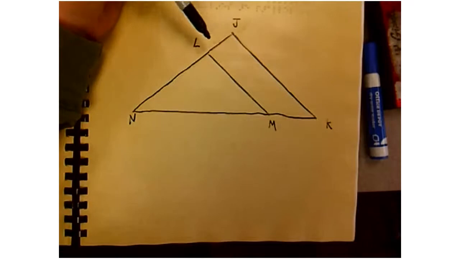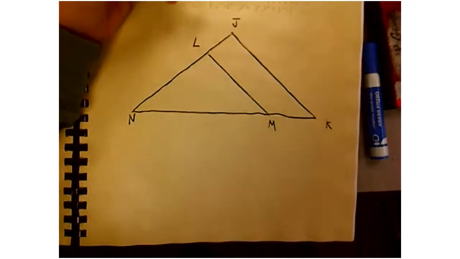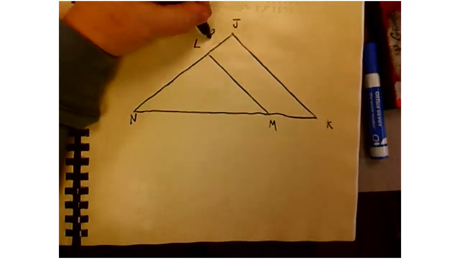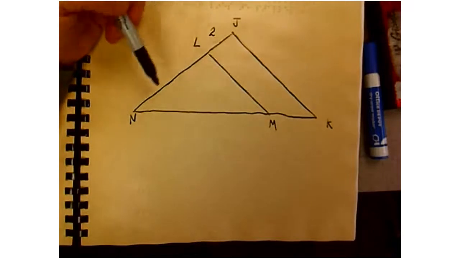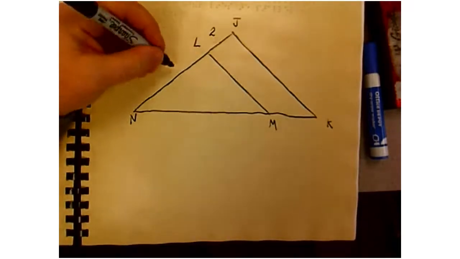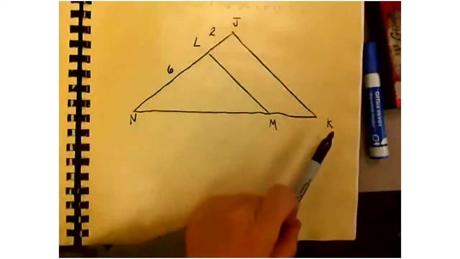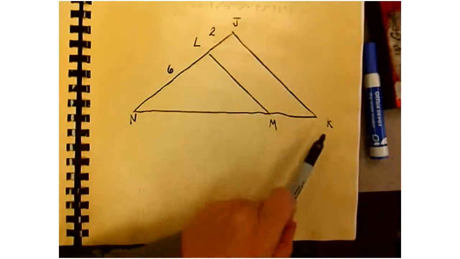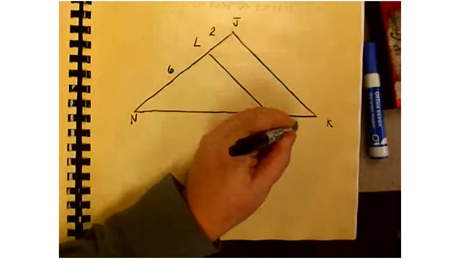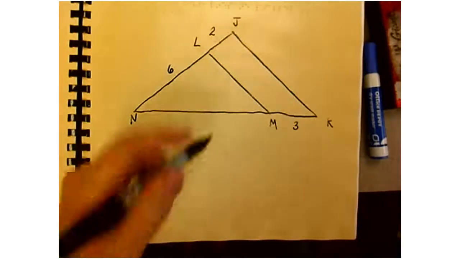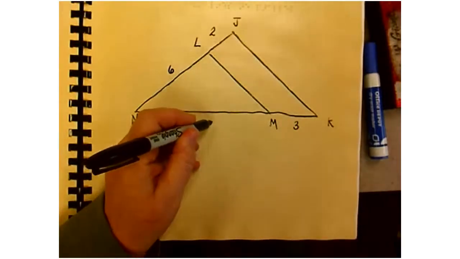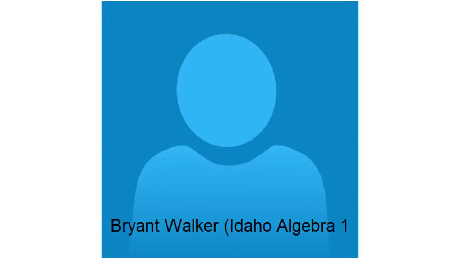So J to L on the top left side, that segment is 2. And from L to N, that segment is 6. And then on the bottom side, from K to M is 3. And from M to N is 9. So those would be... Yeah, go ahead, Bryant.